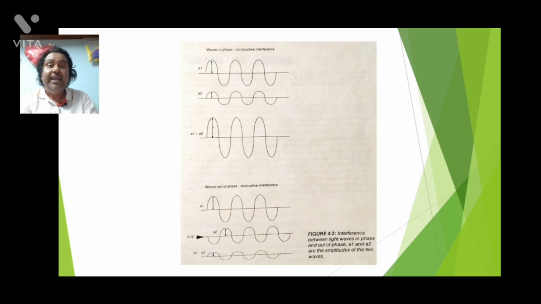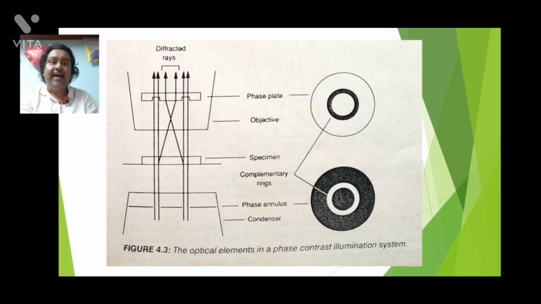That will be the shorter amplitude of the light wavelength, and that will produce a dull light, and dull light will create a dull image.